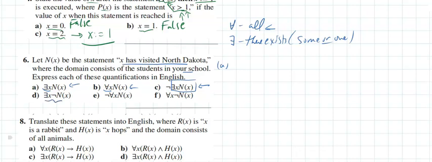D. This is the negation of part B. So part B says all students. Here you're going to say something like not all students in the school have visited North Dakota. Or it is not true that every student in the school has visited North Dakota.